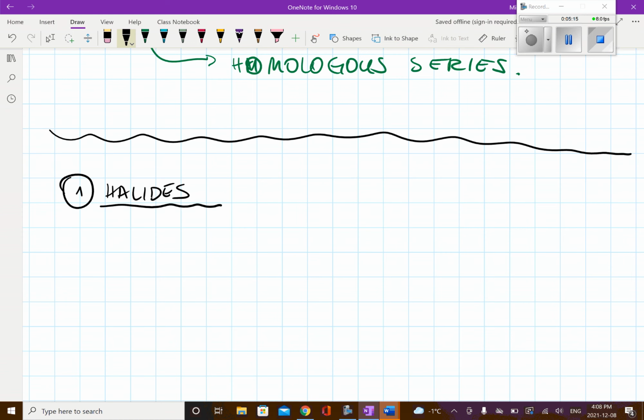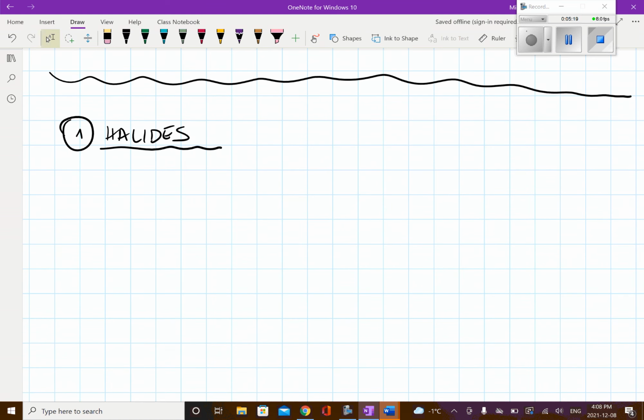So how can we name this? Let's suppose that we have this as a structure: 1, 2, 3, 4, 5, 6. So we have 6 carbons, and here we have methyl, and here we have chlorine.